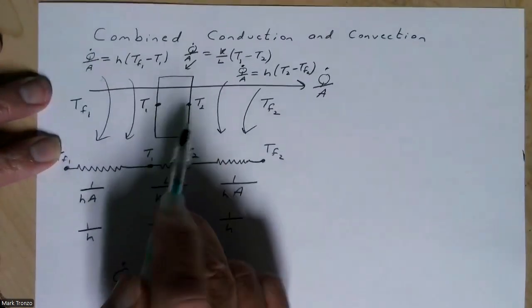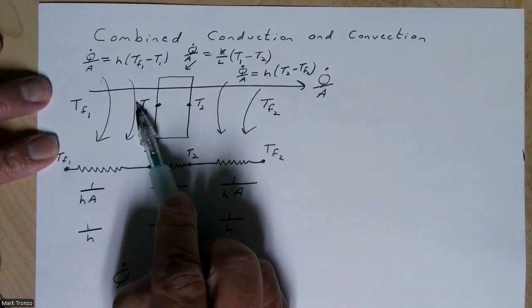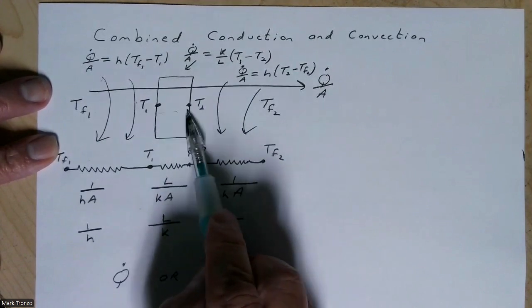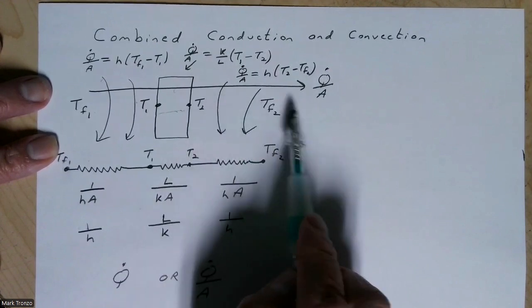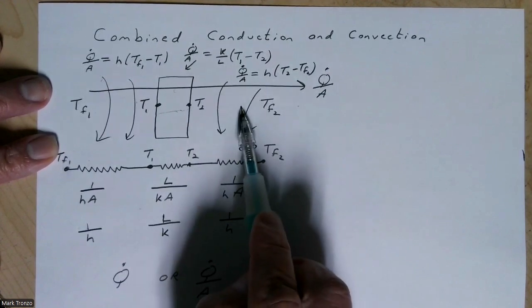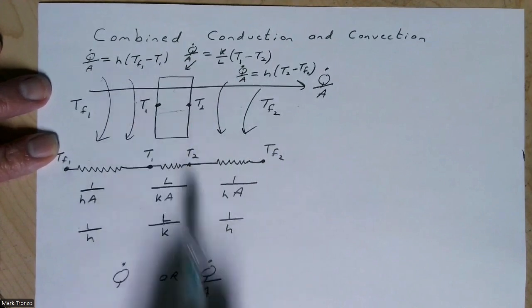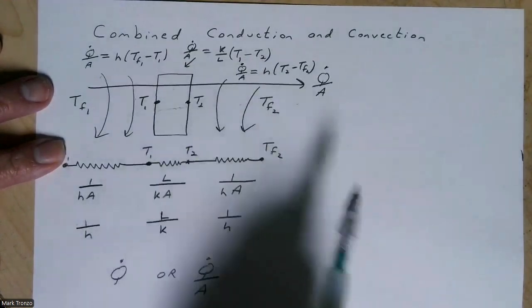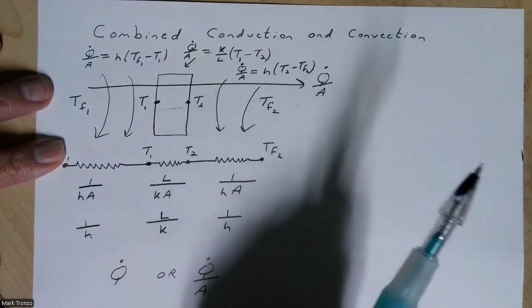So if you know, again, like I said before, enough to calculate the heat transfer here, or maybe you know enough to calculate the heat transfer here, or here, these Q dot over A's will all be the same, and the Q's will all be the same. So you can calculate one, you can use that to calculate other information you need.